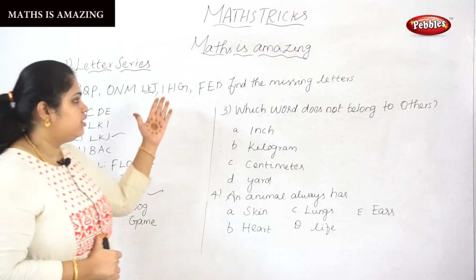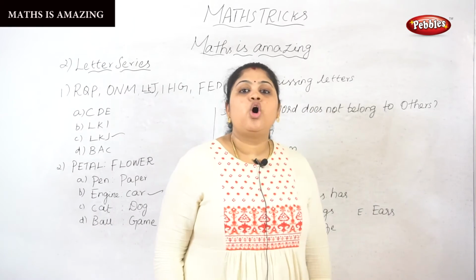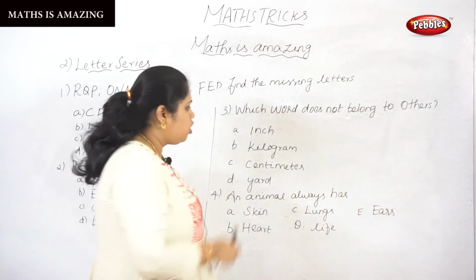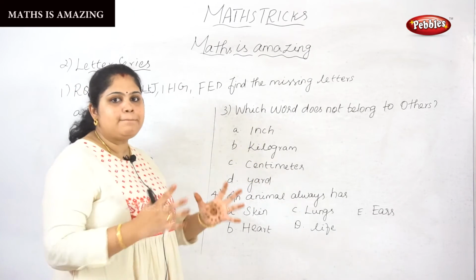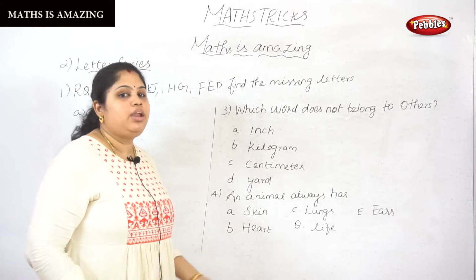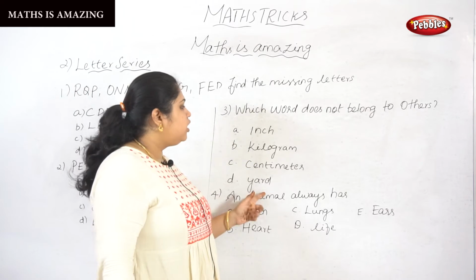Okay, next, third: which word does not belong with the others? They give 4 options. Which one does not match? Like an odd man out. Here: inch, kilogram, centimeter, yard.